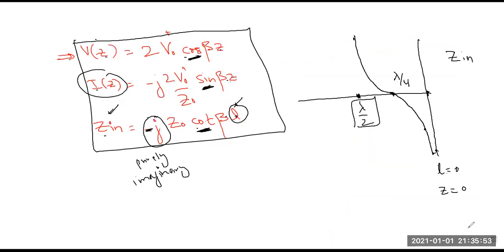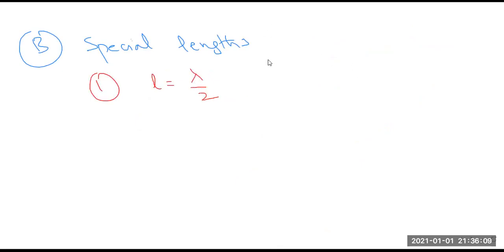So now consider special lengths. Let's assume that the length of the transmission line is lambda by 2. Now I'm not specifying the load, so ZL can be any load.